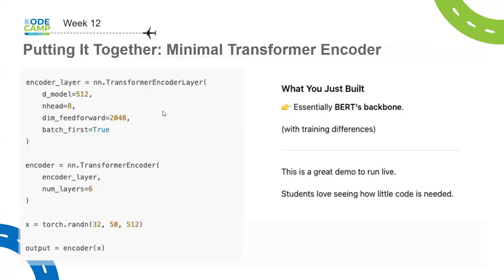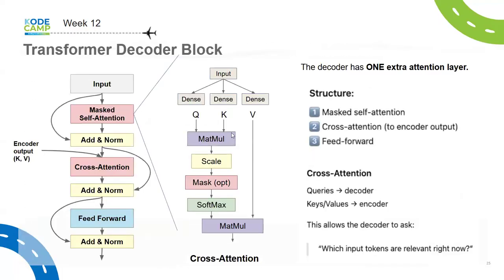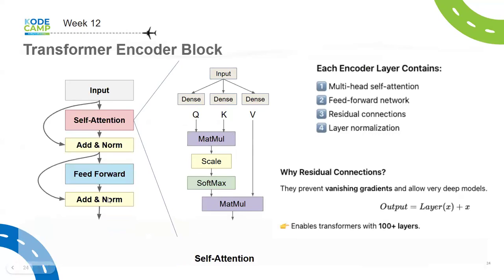Okay, so with that, we can actually do a very simple transformer. You do transformer encoder layers. Remember, the encoder is made up of multiple layers. We just looked at one layer. This whole thing here is just a single encoder block, a single encoder layer.